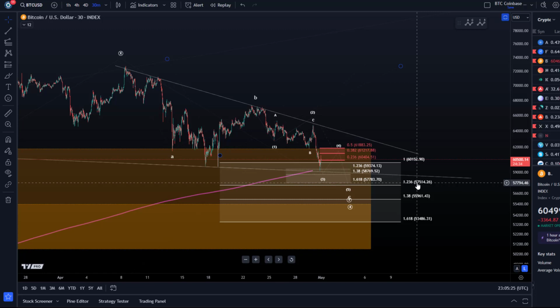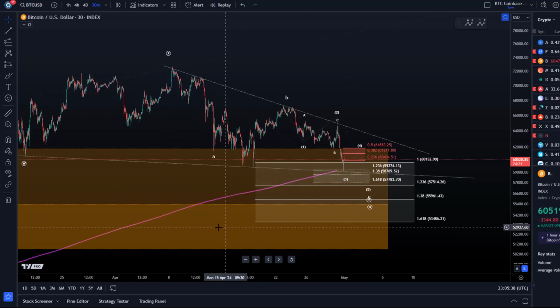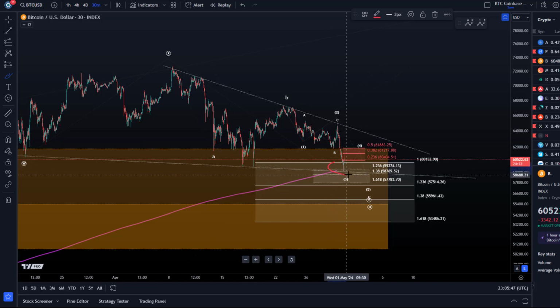Possibly targeting eventually 57,780, 57,500, or even 55,960, in that area down there, because it seems as if another 4-5 pattern is missing. What we can see here is that today, I don't normally use moving averages that much, but the price bounced exactly from the 100-day simple moving average, highlighted here in purple.